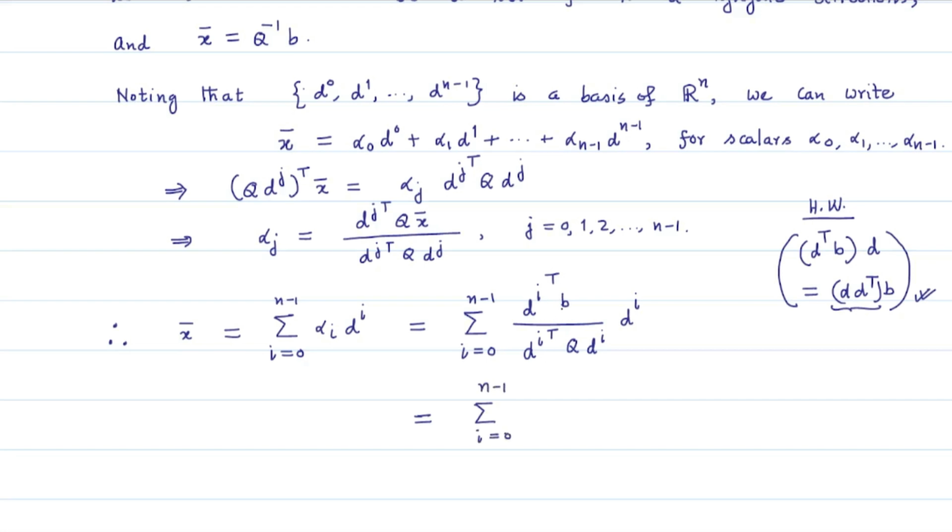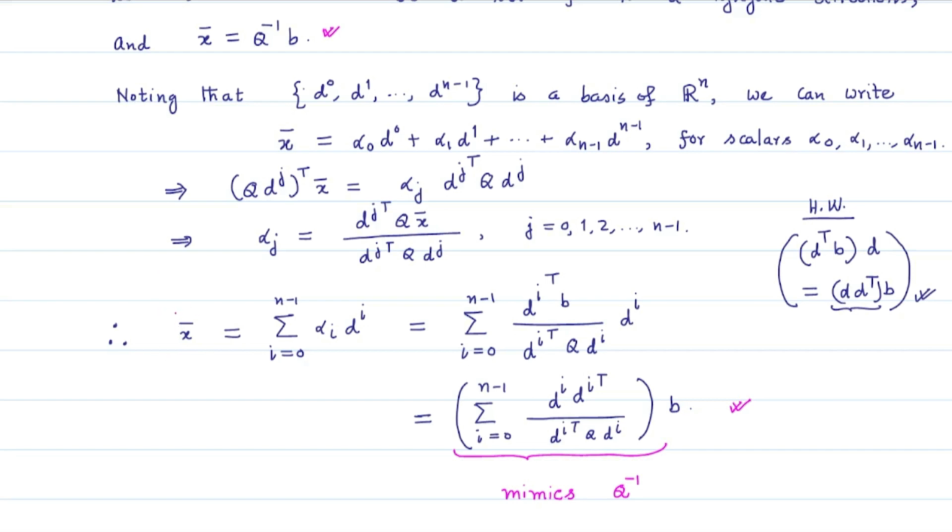Now this di transpose b di can be written as di transpose this matrix multiplied with 1 over di transpose q di whole multiplied with the vector b. Now we notice this expression and this expression of x bar. We notice that this matrix actually mimics the matrix Q inverse, and by multiplying this matrix with b we are getting the vector x bar.